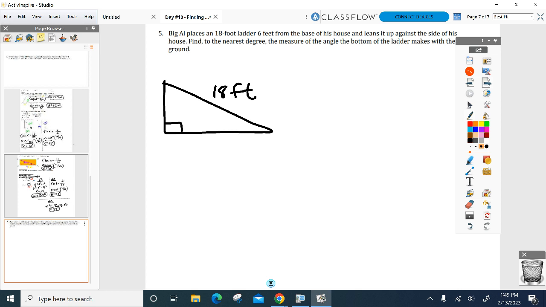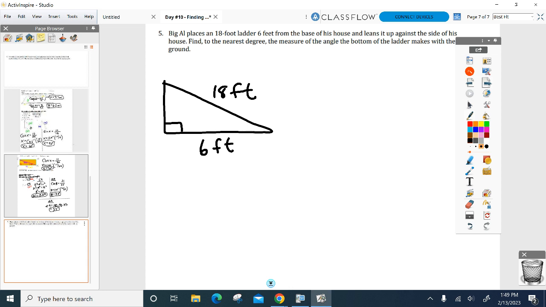It gets even better. It's 6 feet from the base of the house. Base. If we go to your house and I stand on the front lawn or on the street and say, point to the base, where are you going to point? On the bottom, right? 6 feet from the base. So 6 feet. Look how much detail I wrote in here to put where the angle is.